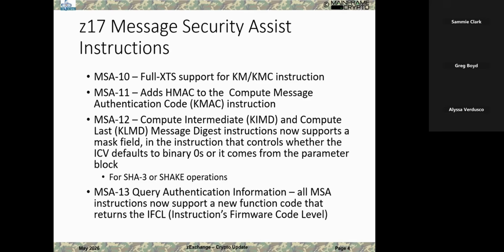So there might be multiple trips to the hardware, ICSF having to be involved to fully implement it. So what you get with this full XTS support is, we would expect some performance benefits when you're doing full XTS encryption. And it's important to note that XTS is the technology that's used for data set encryption.